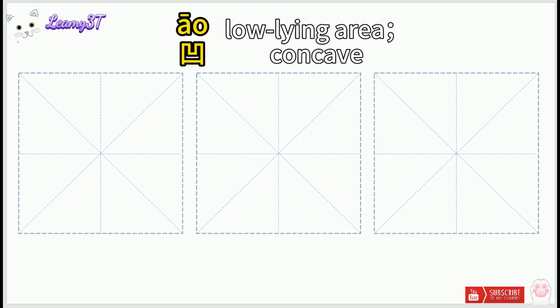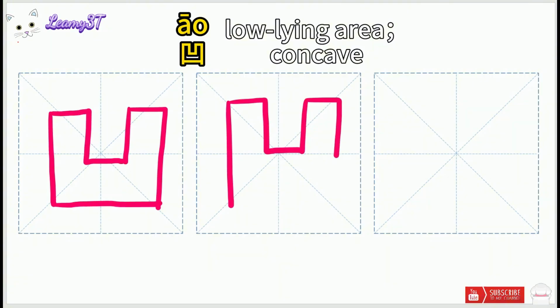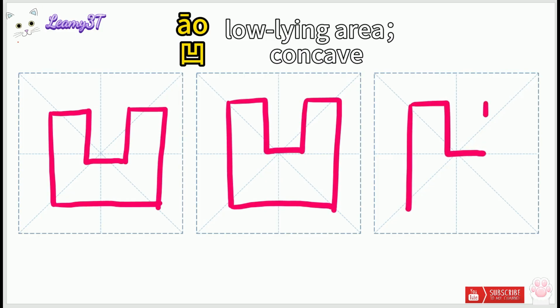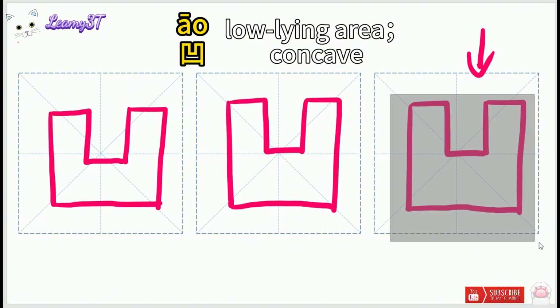Now follow me as I read the strokes. 横折折横折横 Okay, this one is not very good because the whole character is not in the center of the grid.